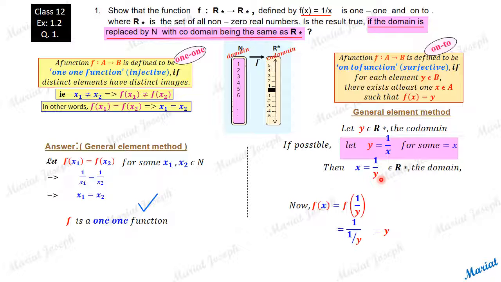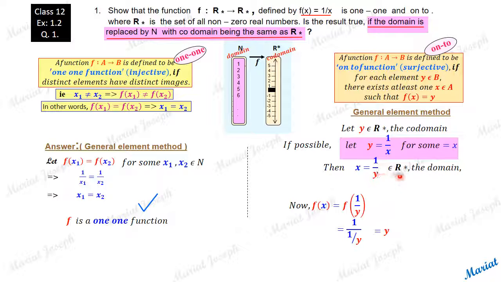This x equal to 1 upon y did belong to R star, the domain in the earlier case. But remember, this time the domain is changed to natural numbers. So this 1 upon y need not always belong to the natural numbers. For example, in case y was taken as 5, the x is 1 upon 5.